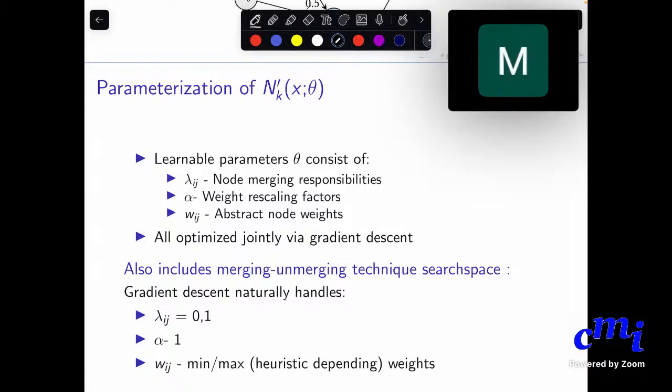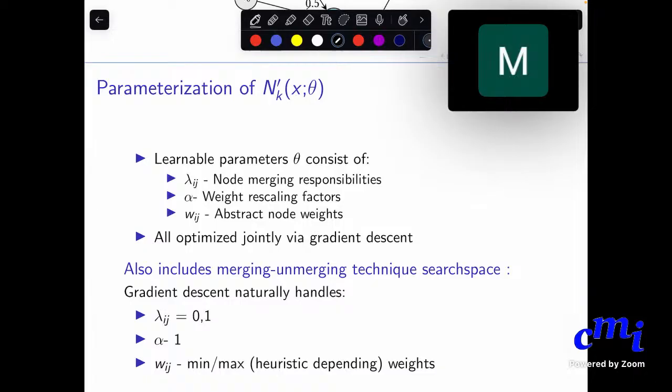These are the learnable parameters, and our target is to get the optimized value for them. Also, one important issue with the merging technique is that it always looks at local pictures, and the search space of the merging technique was smaller.